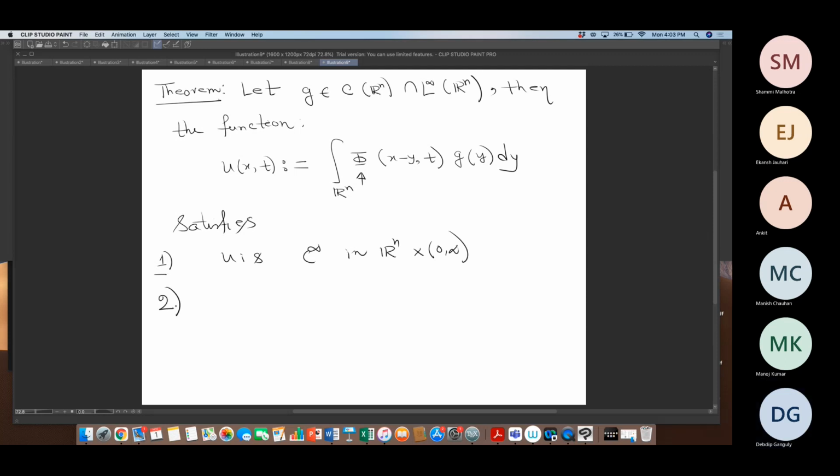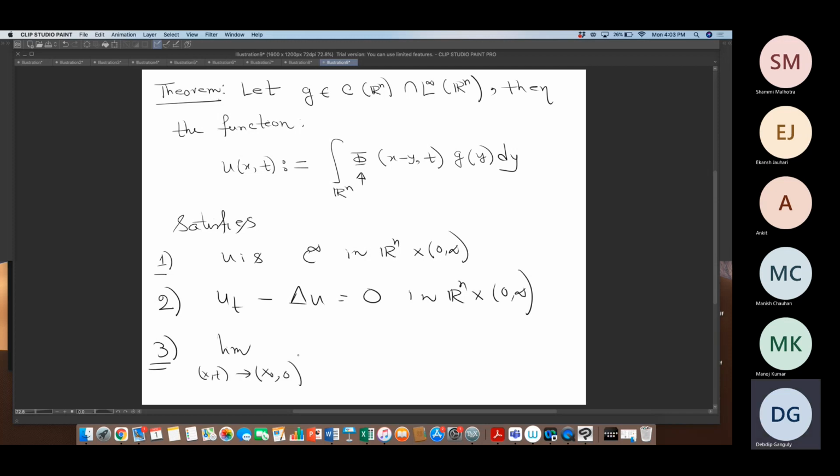Then the equation u_t minus Laplacian of u equals 0 in Rn cross (0, infinity), and it will satisfy the limiting boundary condition: the limit as (x,t) tends to (x naught, 0) of u(x,t) is equal to g(x naught).